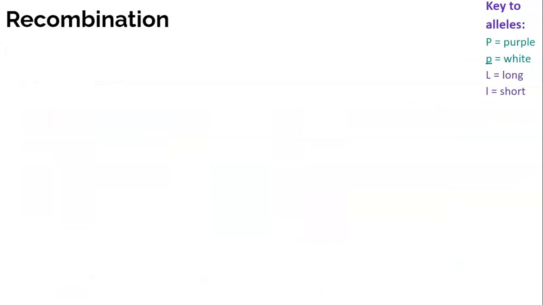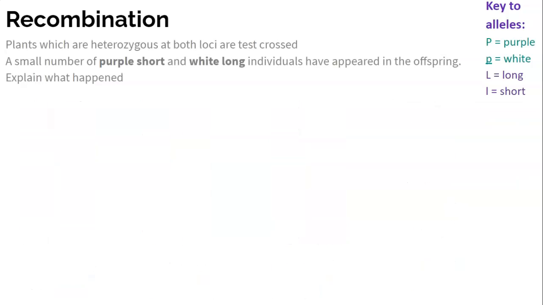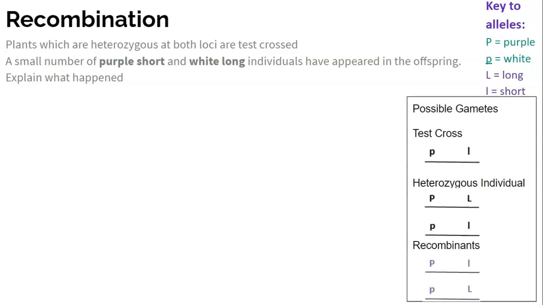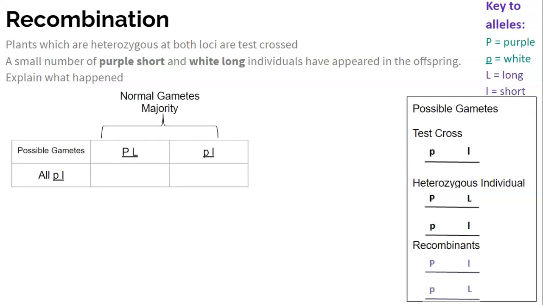So let's do an example with that. Plants that are heterozygous at both loci are test crossed, and then you get a small number of recombinants that show up. These first ones are your normal expected heterozygous individual gametes.